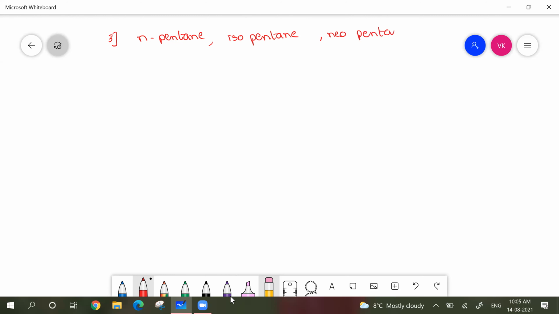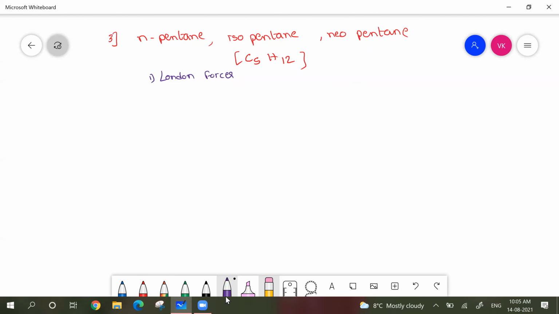They gave this question. Pentane is an alkane with C5 carbon and its formula is C5H12. So the formula is the same and all are neutral molecules. So they are having London forces here. All are having London forces.